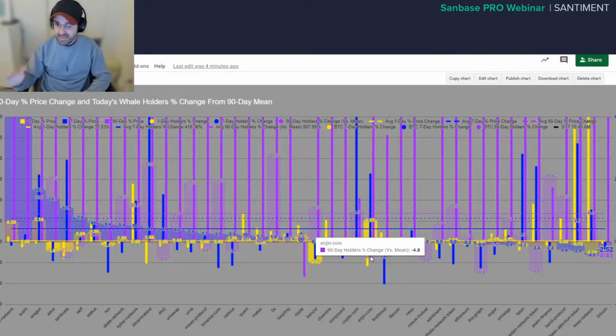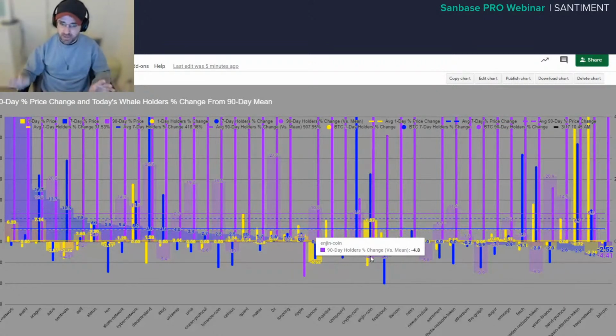Over the last 90 days, instead of showing a simple 90-day percent change, because it's such a long time span, I made it a versus mean change, which calculates slightly differently. We take the overall average over those 90 days and use the mean average to find where we're currently sitting today on a 90-day scale.